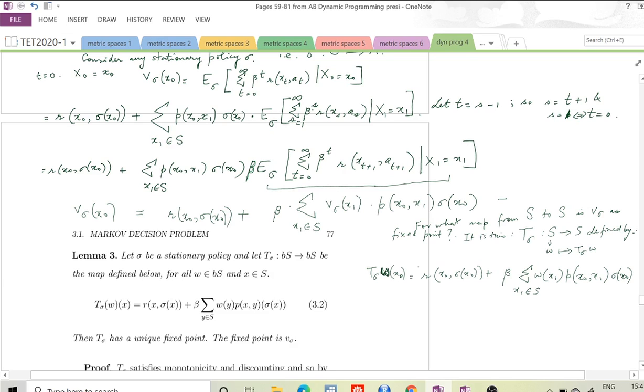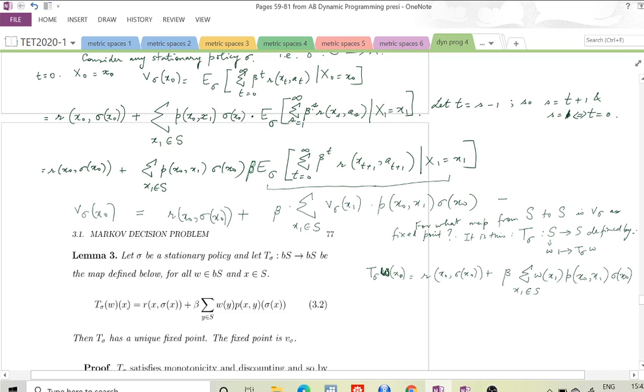Okay. So there is this lemma which says let sigma be a stationary policy and let T sigma go from the bounded functions on S to the bounded functions on S. S to S is okay here because S is finite, everything is nice and bounded anyway, right? So let T sigma be the map defined here.